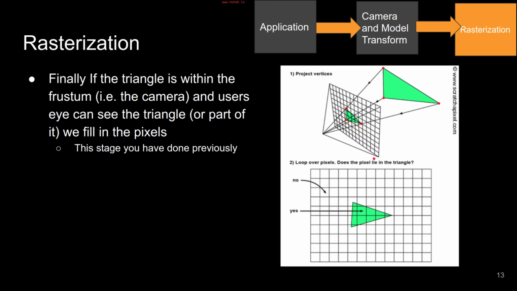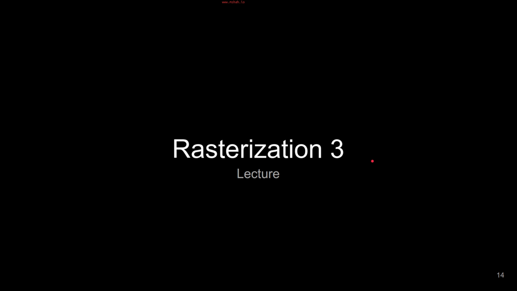And then the final scene is what we've been working on a little bit when we implemented the rasterization algorithm to fill in our triangles, okay? So determining which pixels we actually fill in our program. All right, so let's continue on talking about this rasterization part here.